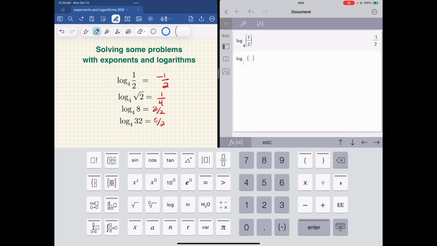Now we're looking at log base 4 of the square root of 2. And that equals 1/4. Now we're looking at log base 4 of 8. And that equals 3/2. Finally, we're looking at log base 4 of 32. And that in fact equals 5/2.